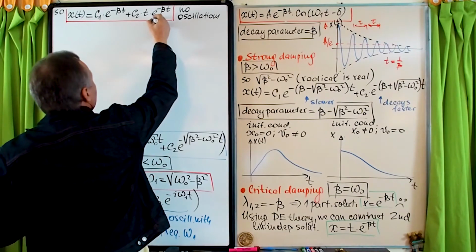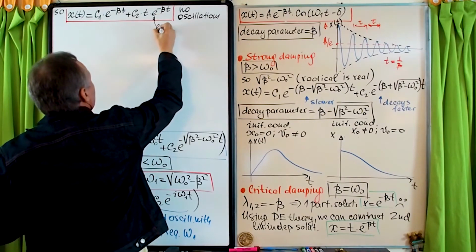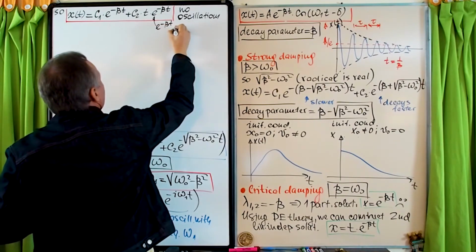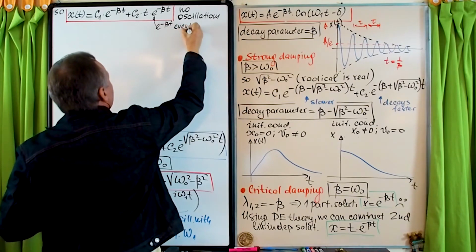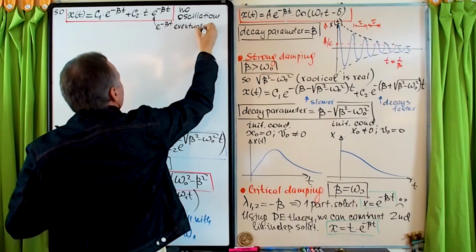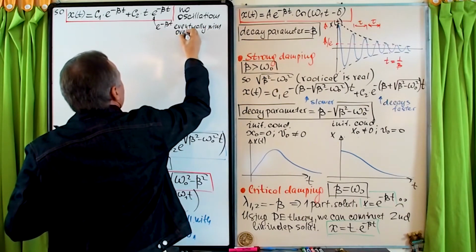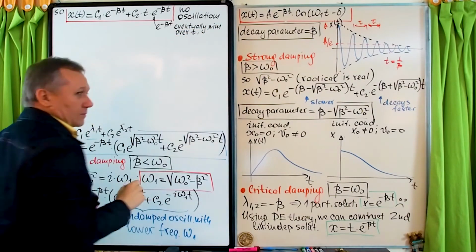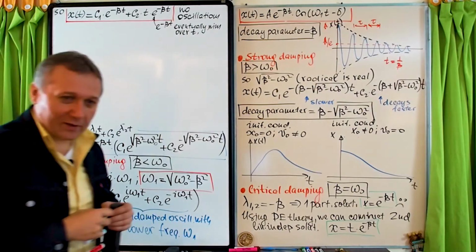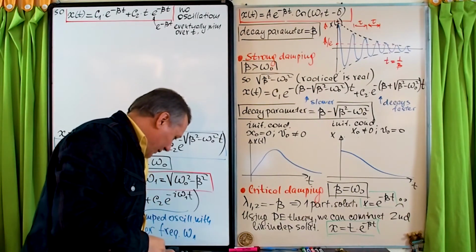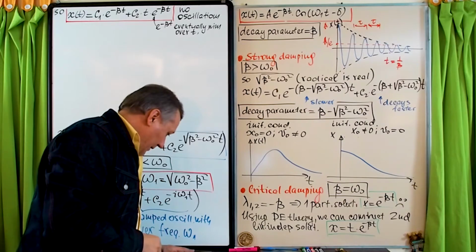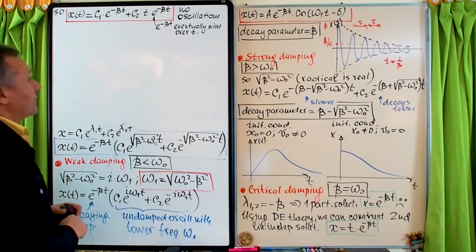So let me also write, e to the power of minus beta eventually wins over t, because again, I compare those with the fight of those two boxers. And so, the decay parameter.